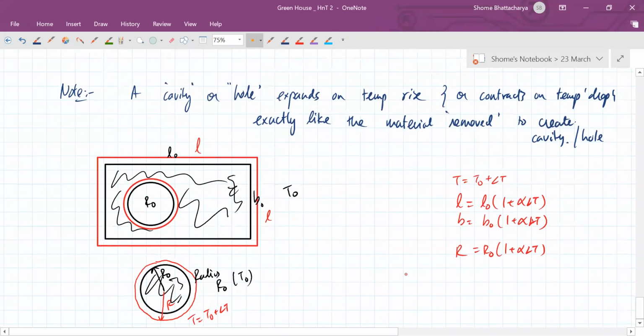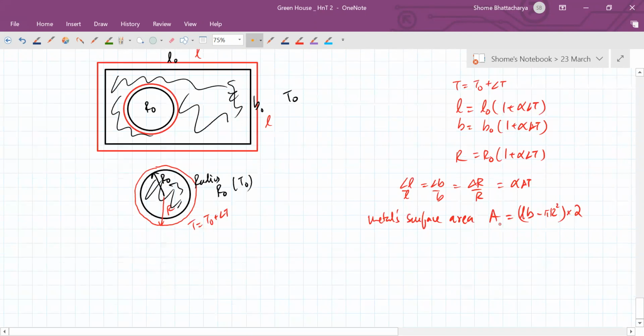So you can see that the metal surface area, let's say, is A. So that is L into B minus pi R square, into 2, because there are two sides of the metal.